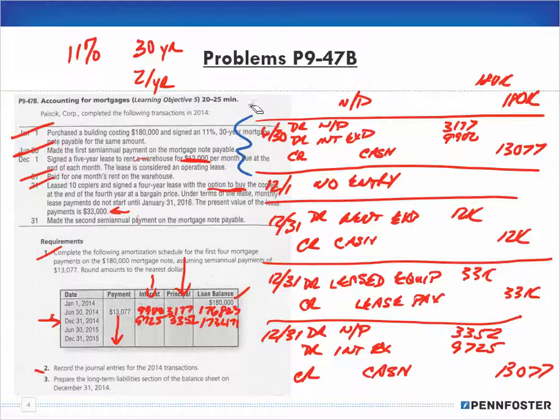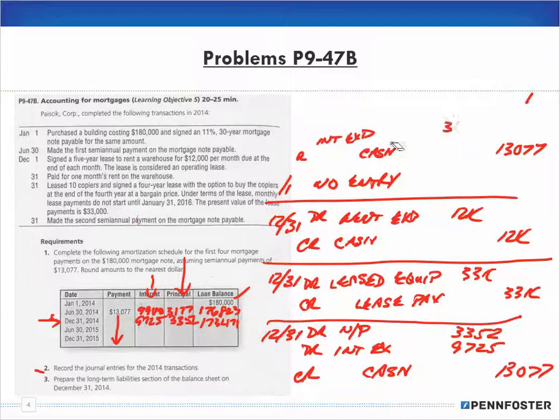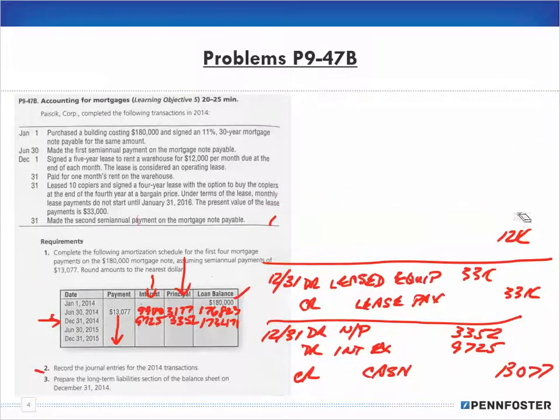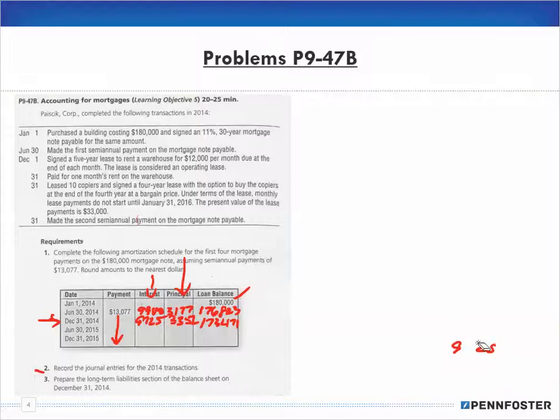Okay, here I'm erasing. Okay, so now it says prepare the long-term liability section of the balance sheet on December 31st.